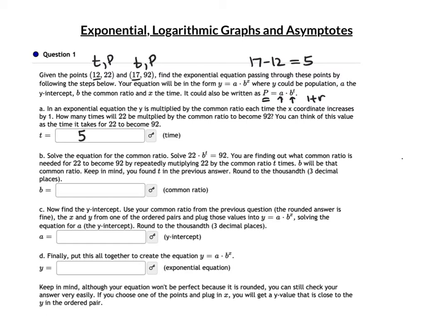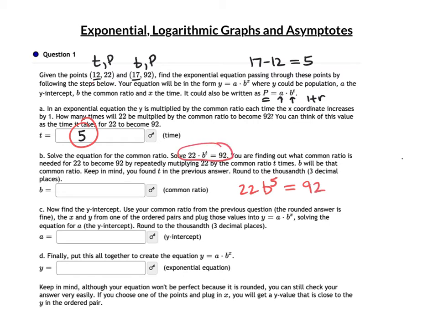Your t is 5. We know that at time 12, we're at 22, and that every time I move one position, I multiply by the common ratio, which I'm going to call b, and from time 12 to time 17, that's the 5. That's our time it takes for 22 to become 92.